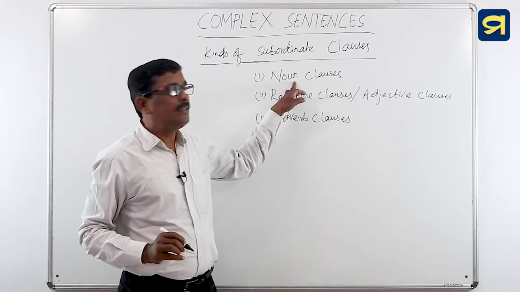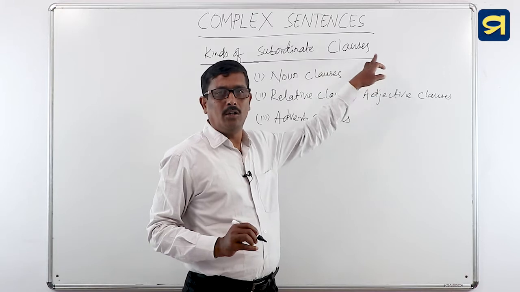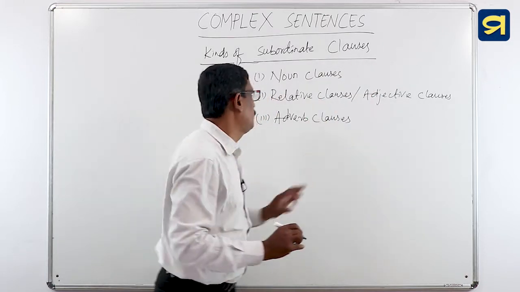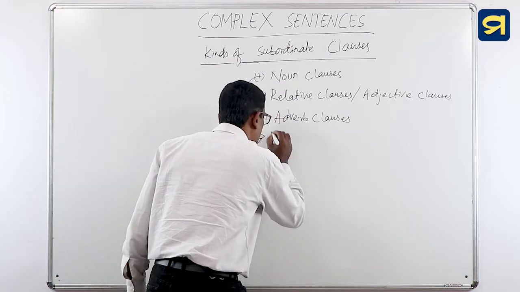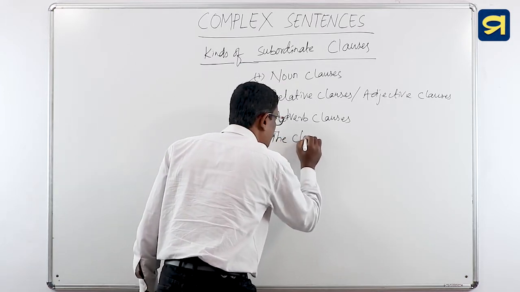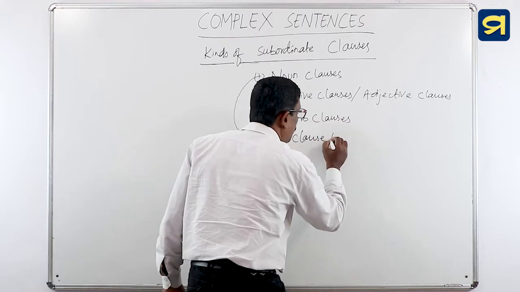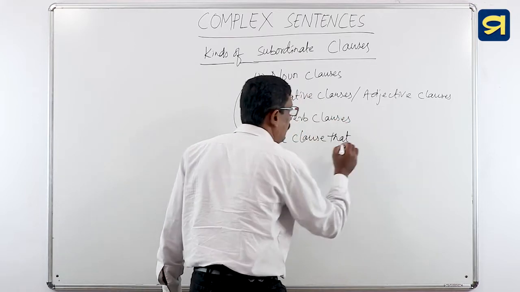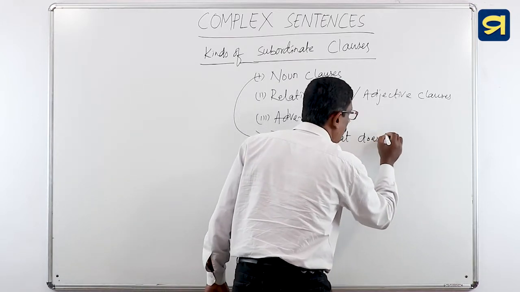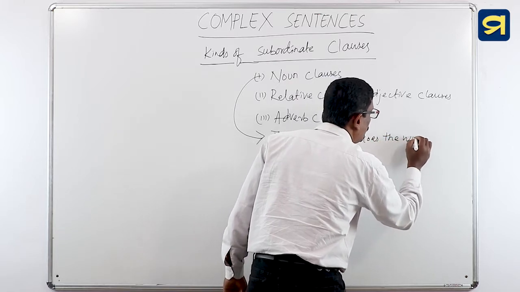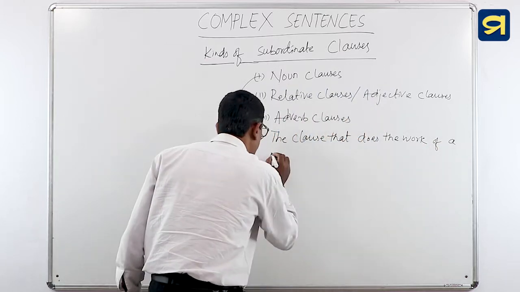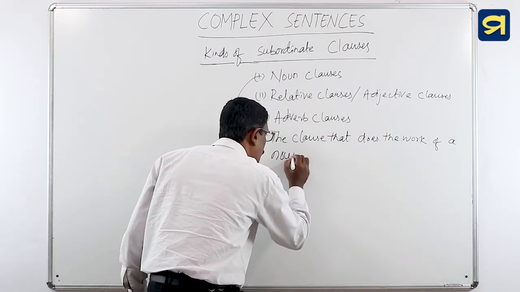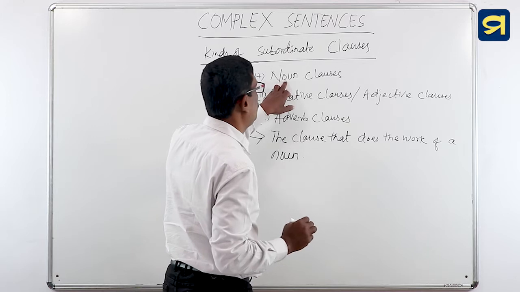A noun clause is a subordinate clause that does the work of a noun. The definition of noun clause: the clause that does the work of a noun is known as a noun clause.